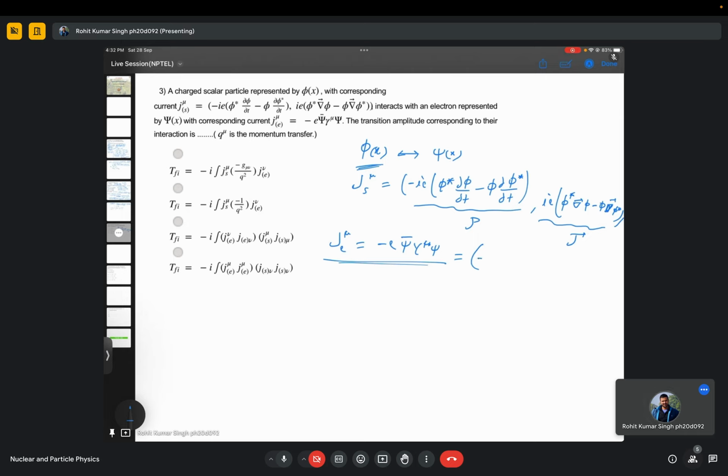So for the temporal part you have gamma 0, which is the charge density, and here you have gamma i, basically where i goes from 1 to 3.